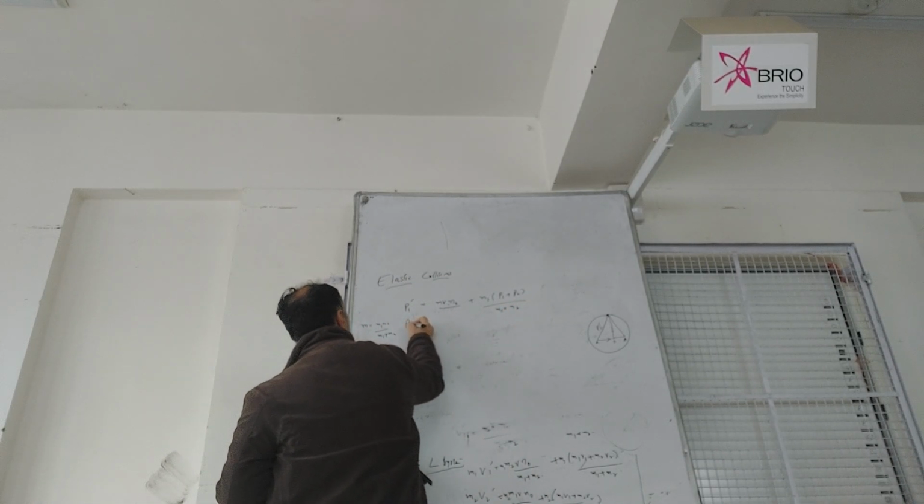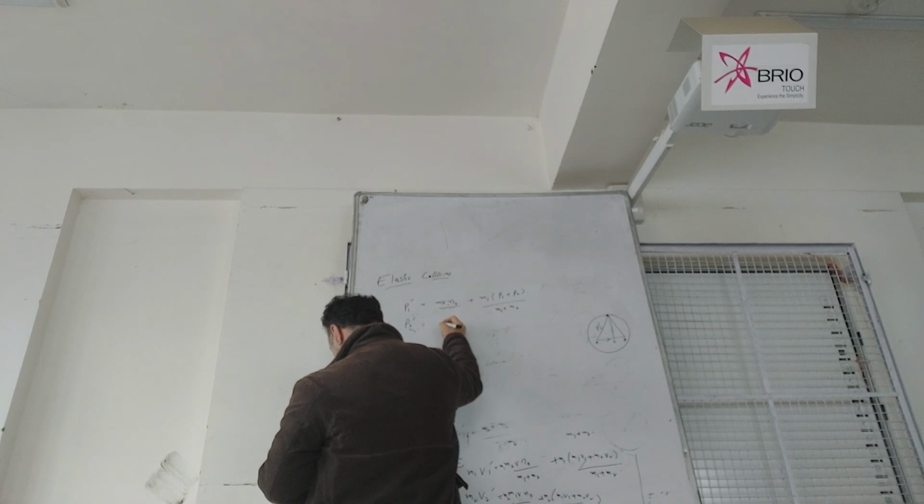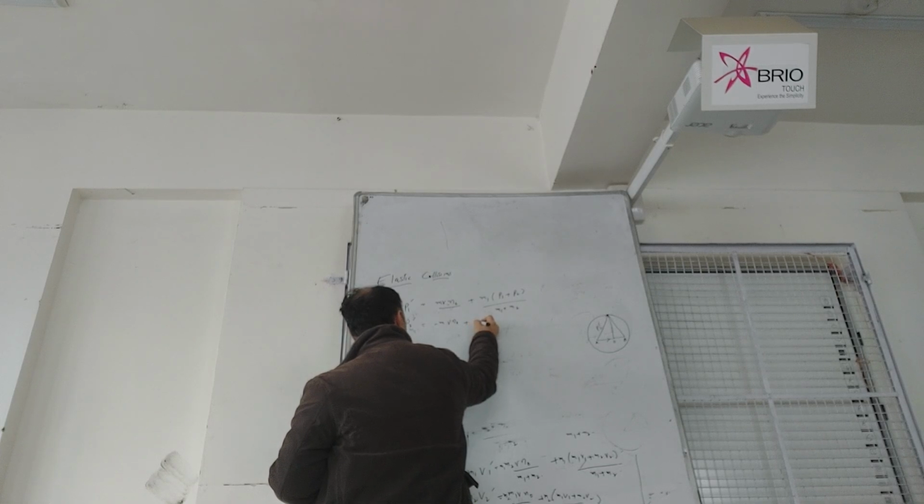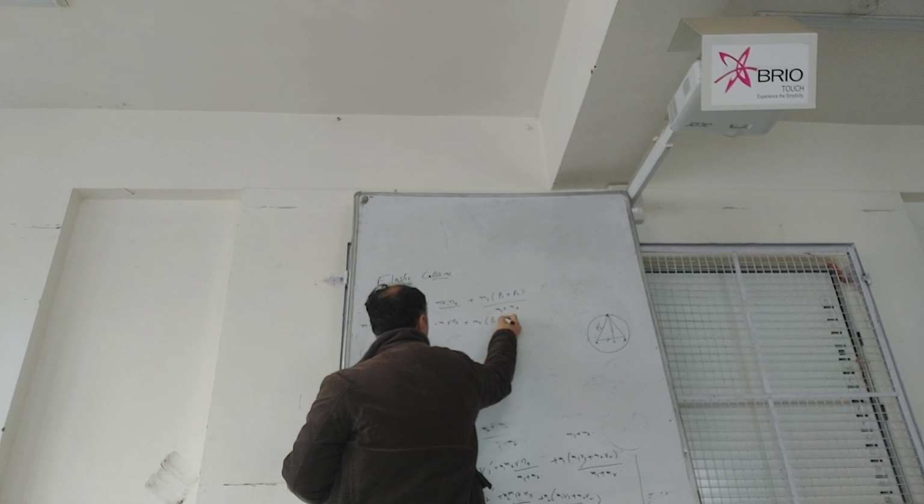Similarly, P2 prime we can take as minus M V naught plus M2 P1 plus P2.